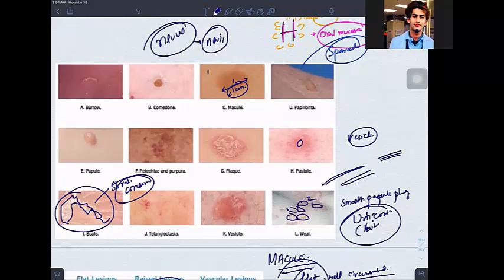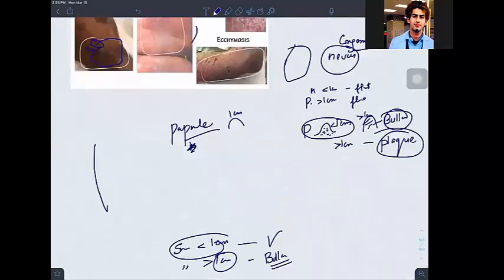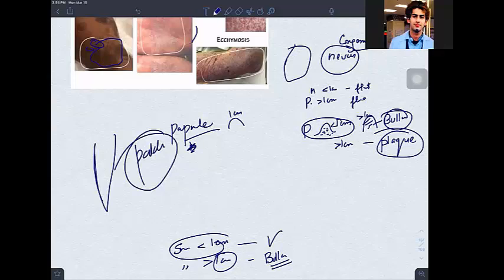But have you seen some people, they have a congenital birthmark, a big birthmark. So that is a patch. Sometimes that angel's kiss, I think you have read in pediatrics. So angel's kiss is seen on the baby.